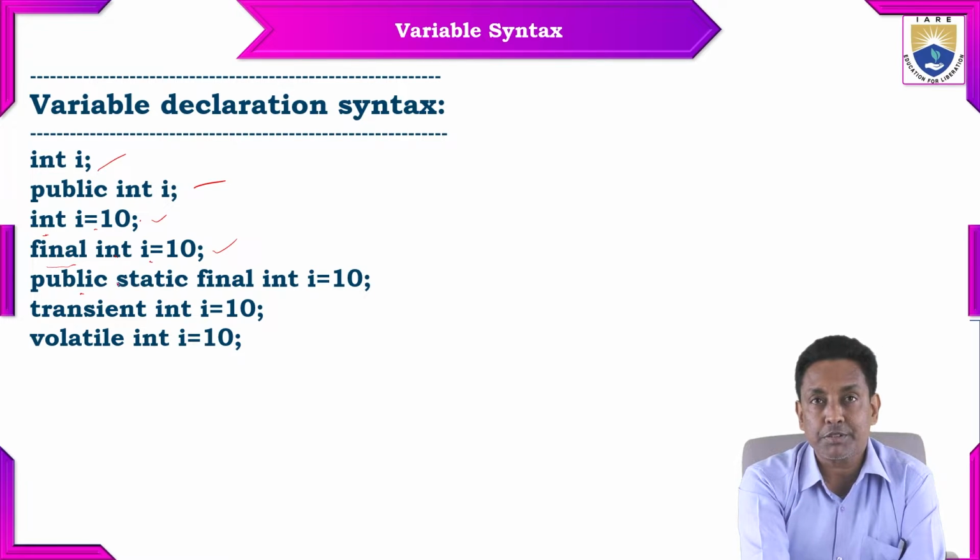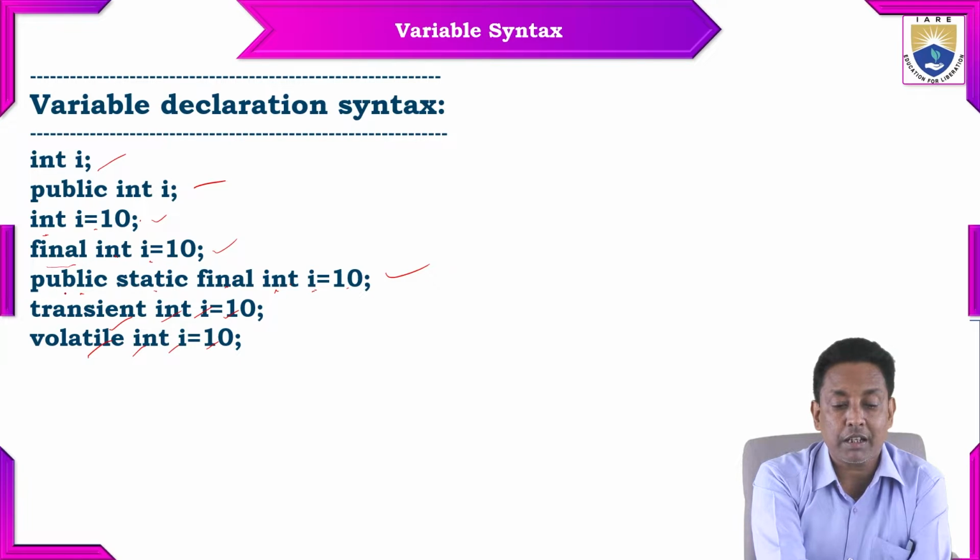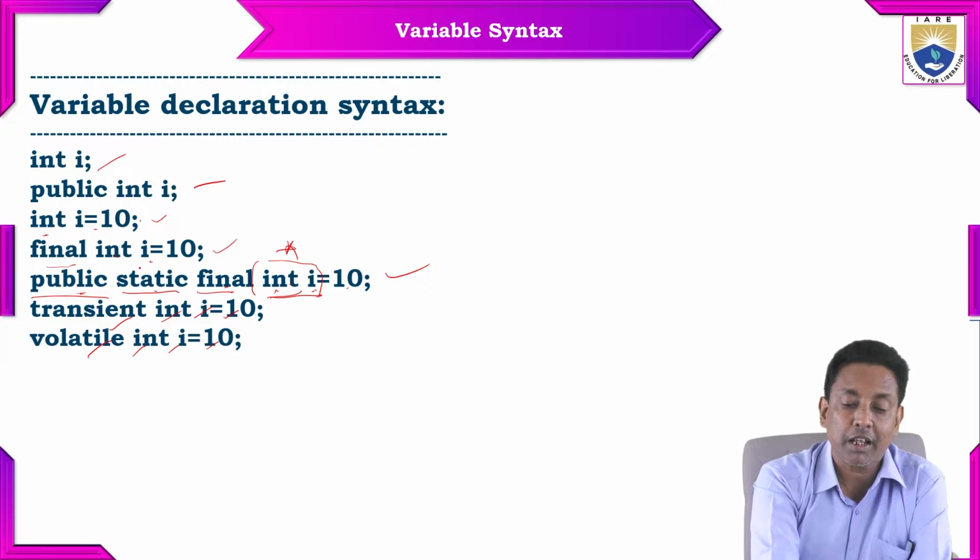Then access specifier, modifier, data type, variable name is equal to value. There is a possibility of writing access specifiers and modifiers as prefix to the data type and variable, but the data type and variable name are compulsory. The rest are optional, even including the initializing value.